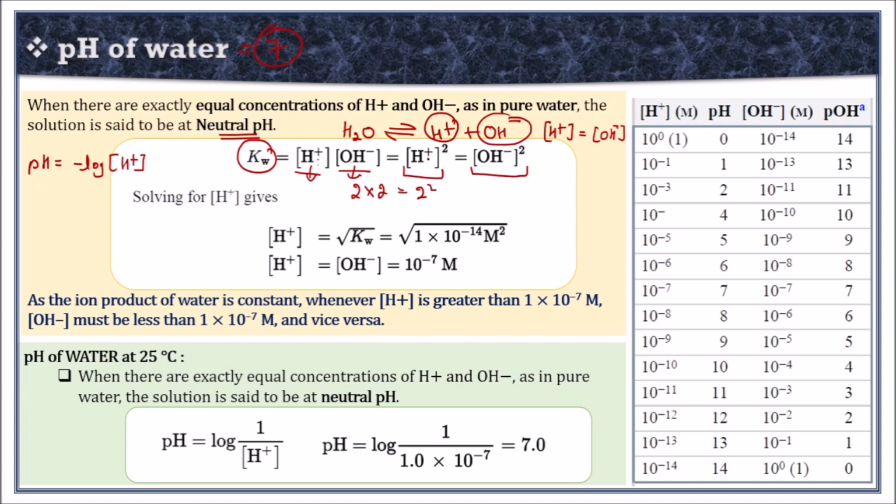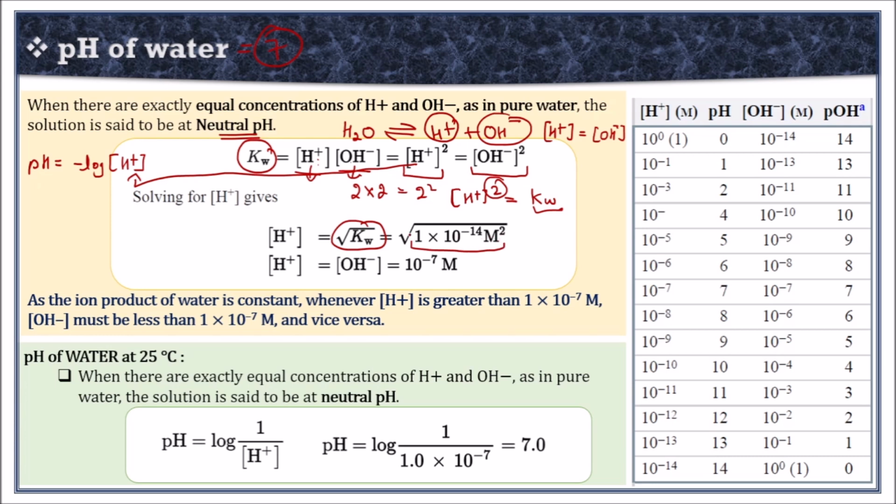But our interest is in H plus, because we need the concentration of H plus to determine pH. So H plus square will be equal to Kw, and if we remove this square from here, what will happen with Kw? Under root. So under root will come, and we know from the previous slide that the ion product of water has the value of 1 into 10 to the power minus 14 molar square.